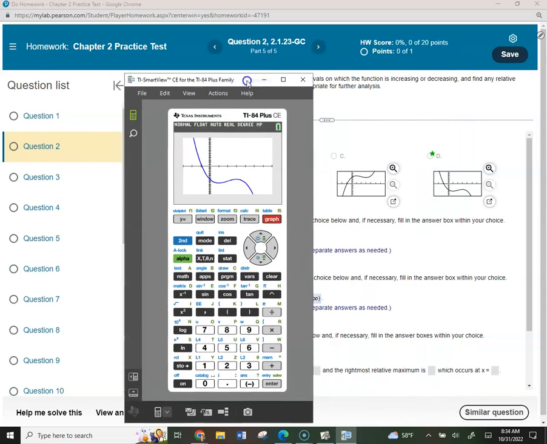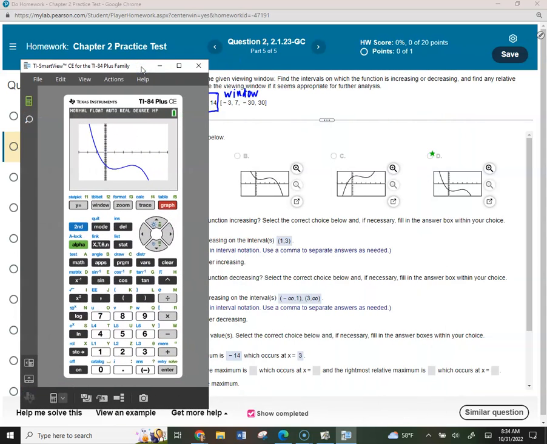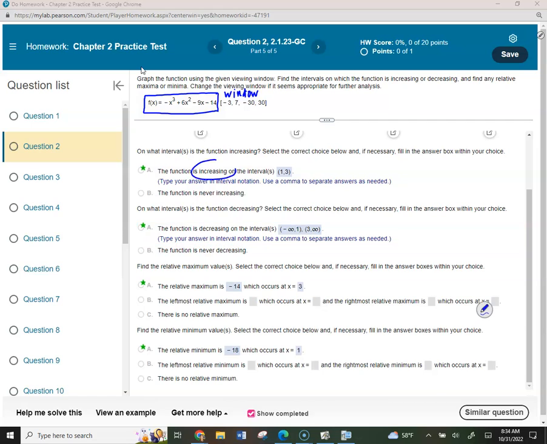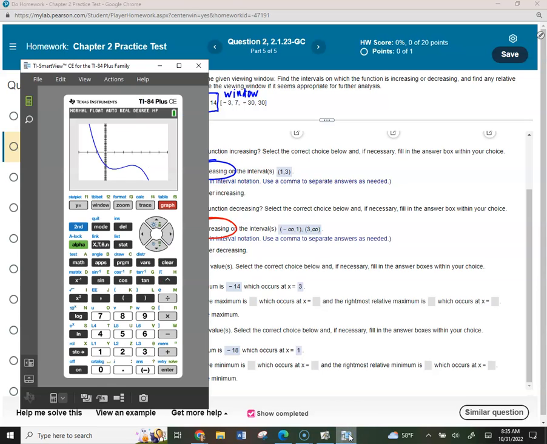So I can see that D is the answer choice. Then it's going to say, okay, the function is increasing, decreasing, has a relative max or a relative min. In order to find these, the increasing and the decreasing, I'm going to go to green so that it doesn't overlap with the blue.